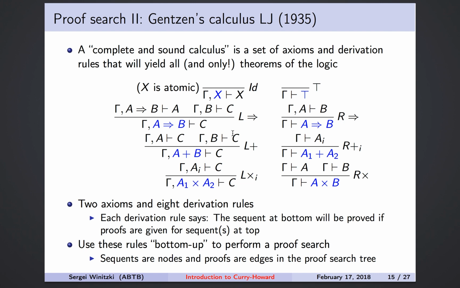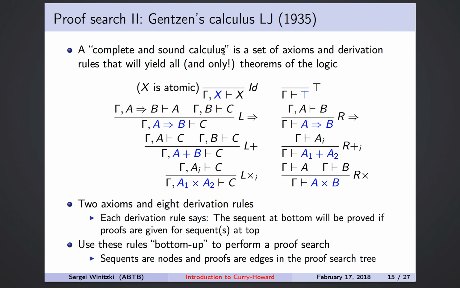The first algorithmic formulation of the logic that was found is due to Gentzen, who published what he called a calculus. Just ignore the word calculus, it means not very much.